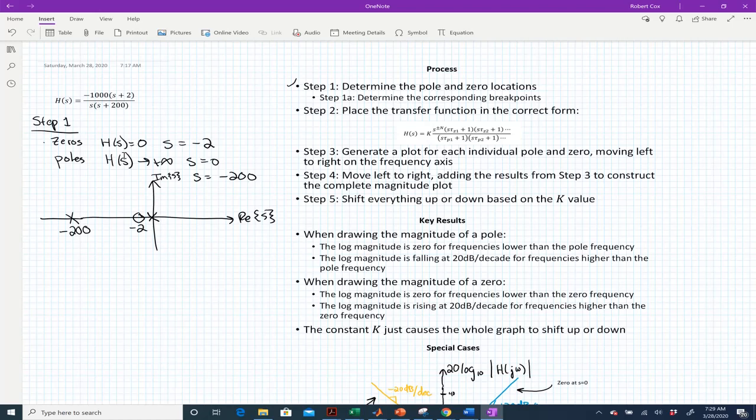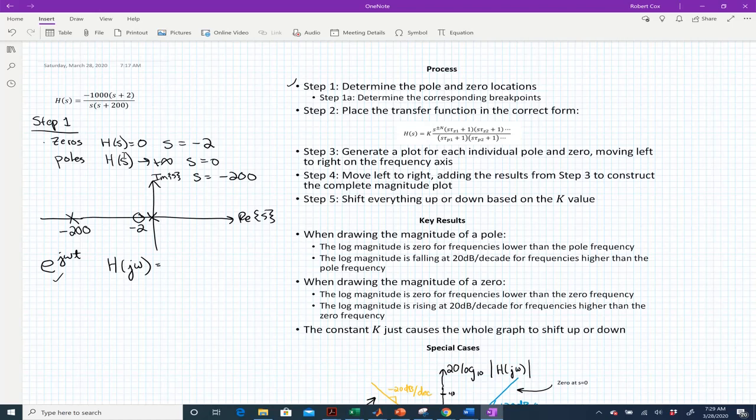Now we remember that our inputs to these systems, so if I had a circuit that had that transfer function, then what I care about is if I put a sinusoid into that guy. A sinusoid means that I'm putting in something related to e to the j omega t, which means I care about H of j omega. I plug in s equal to j omega when I have these types of inputs.